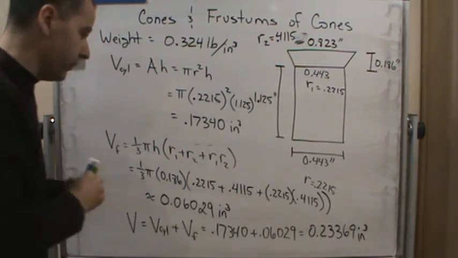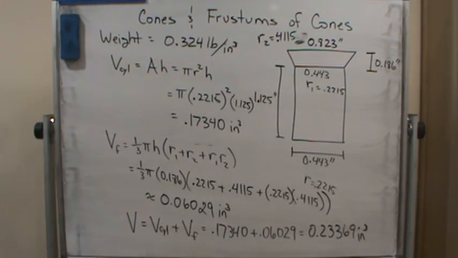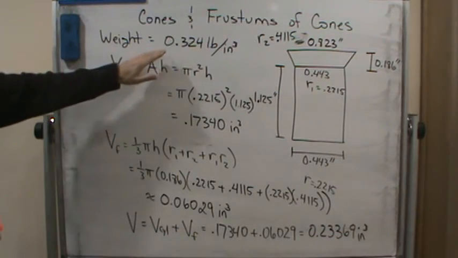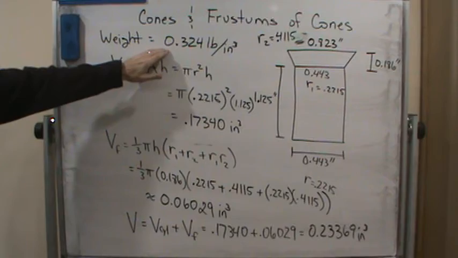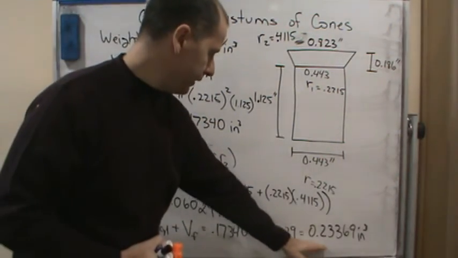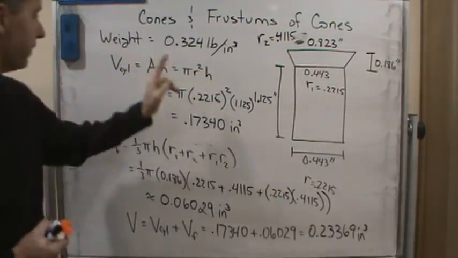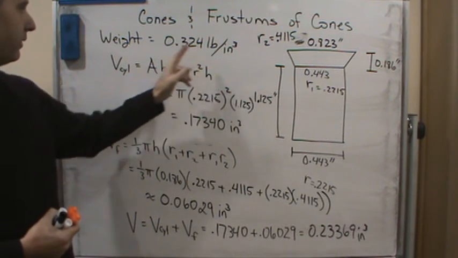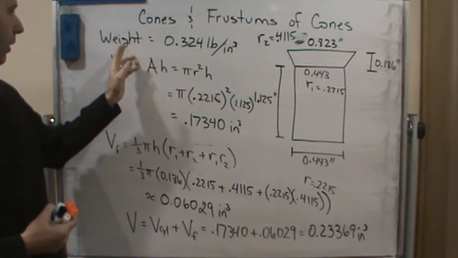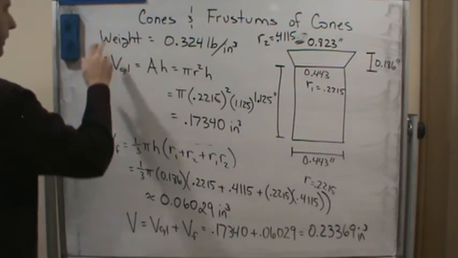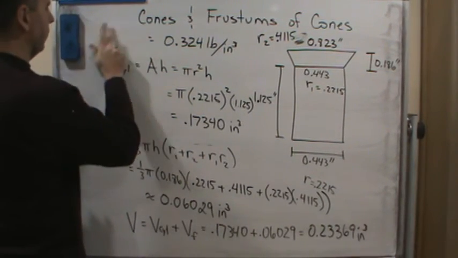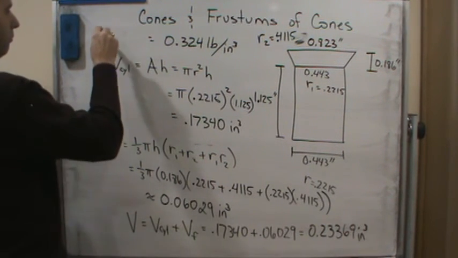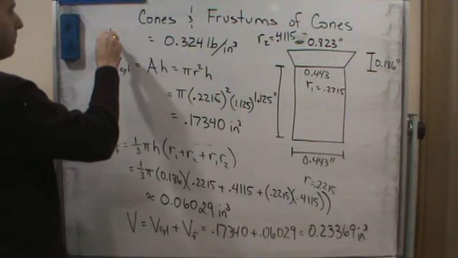Now we're not done, because they want the total weight. This is the total volume of the rivet in cubic inches, and this is the weight per cubic inch. This is not the weight, this is the density of the copper that the rivet is made out of.